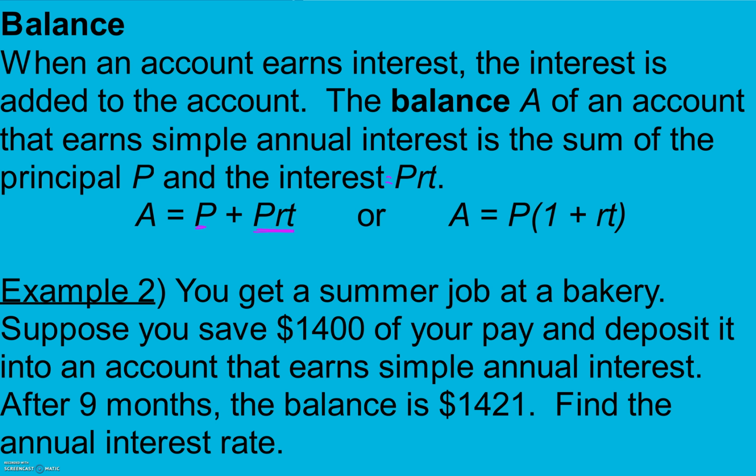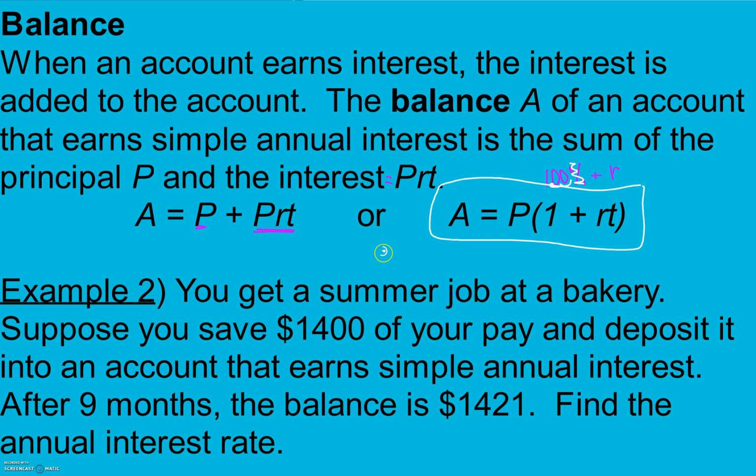Or just like we were doing yesterday, where we took 100% plus or minus, depending on what we were doing, our new rate. Same idea here. We just need to remember that we put them in as a decimal, so we get rid of our percent sign and move it 2 places. So this 1 here really just represents 100% of our principal plus our rate times our time.